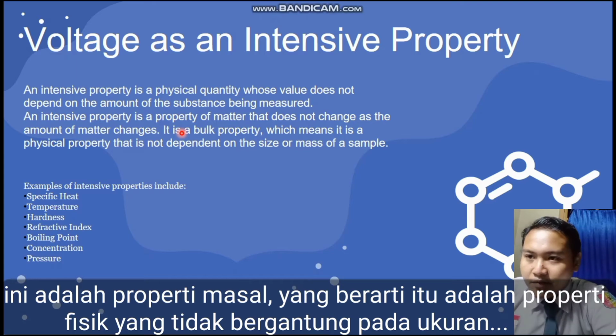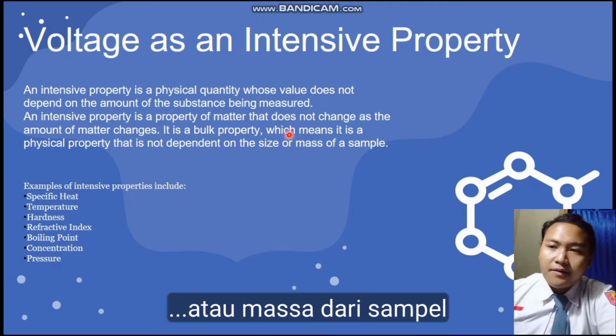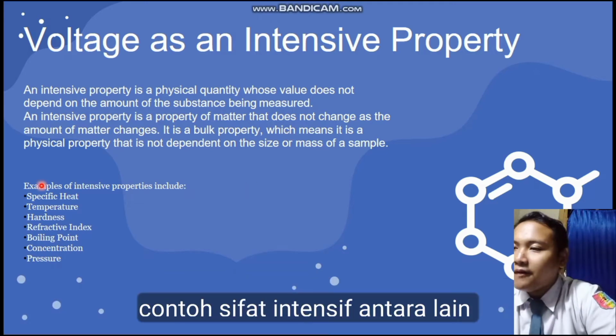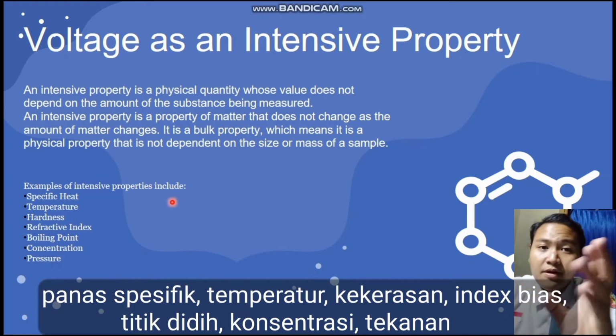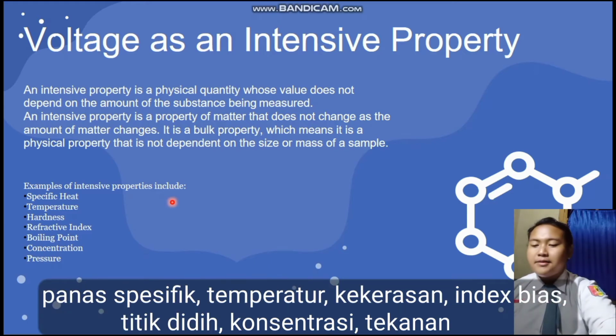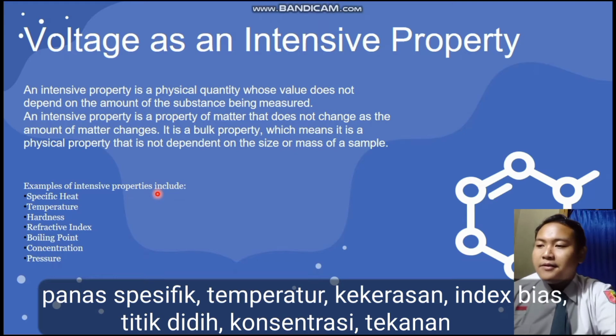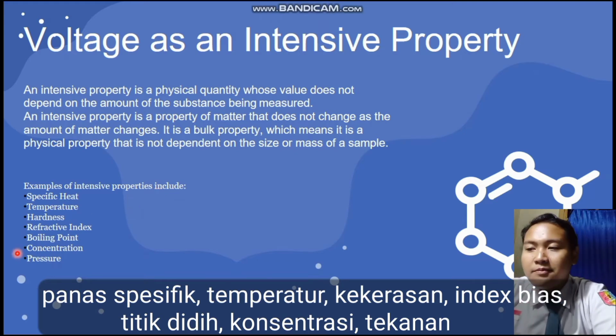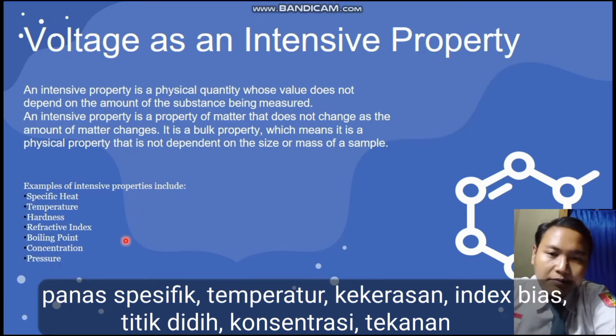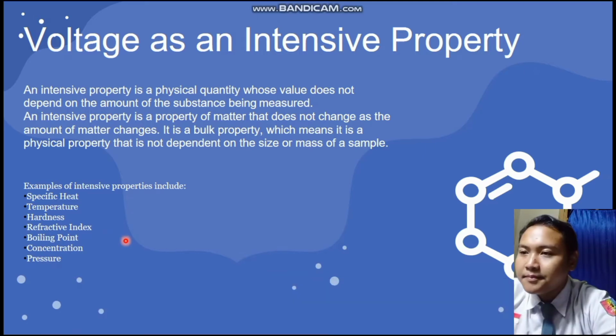It is a bulk property, which means it is a physical property that does not depend on the size or mass of a sample. Examples of intensive properties include specific heat, temperature, hardness, refractive index, boiling point, concentration, and pressure, and a lot more.